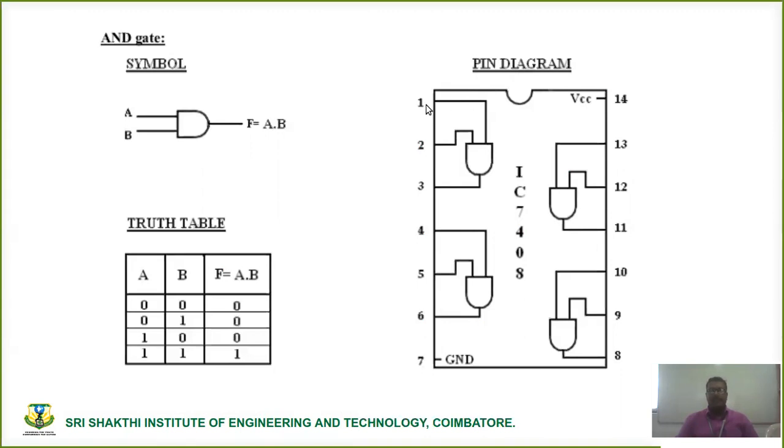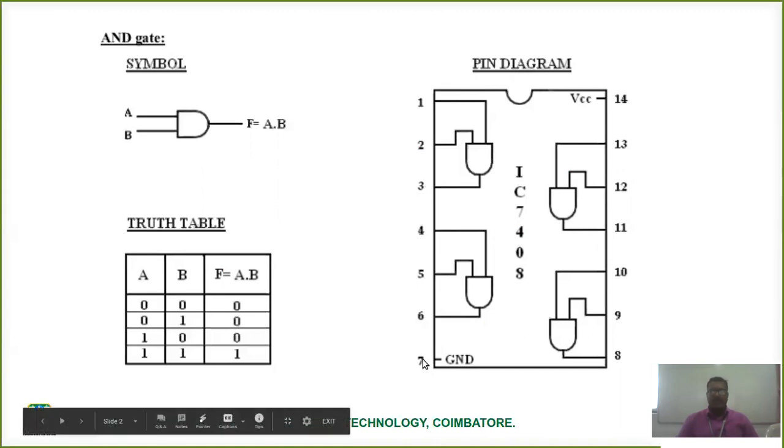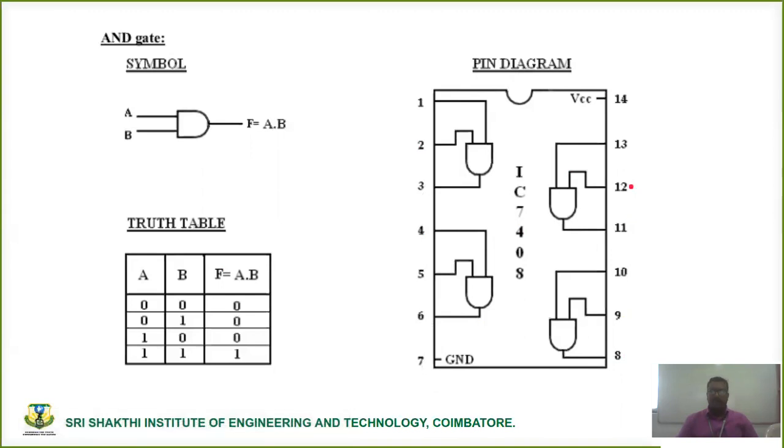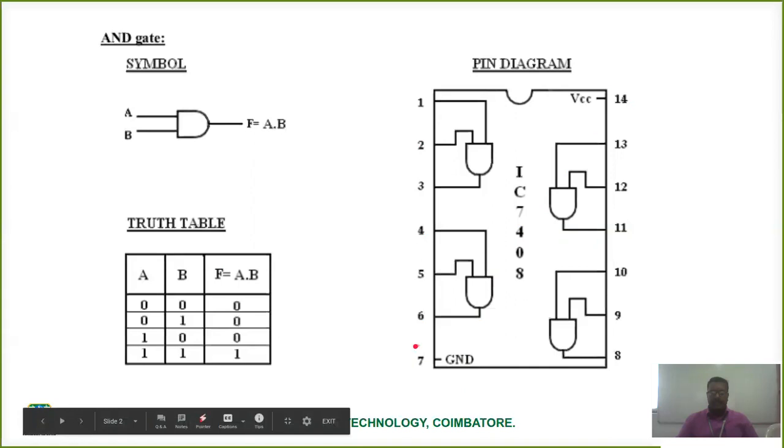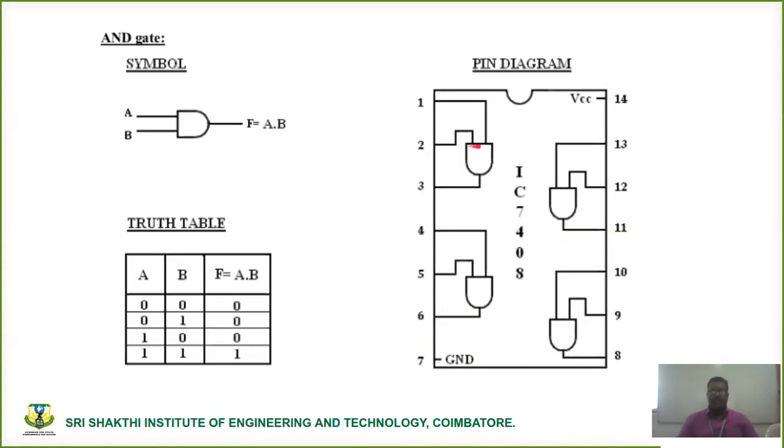Nearer to that, we have to start pin number 1, 2, 3, 4, 5, 6, 7, and the 8th pin starts from here, right? 8, 9, 10, 11, 12, 13, and 14, right? So here the 7th pin and 14th pin will be ground and VCC respectively, right? So here in IC 7408, 4 AND gates will be there.